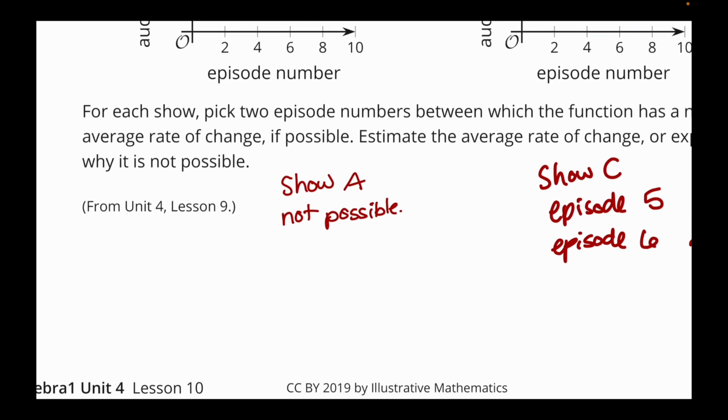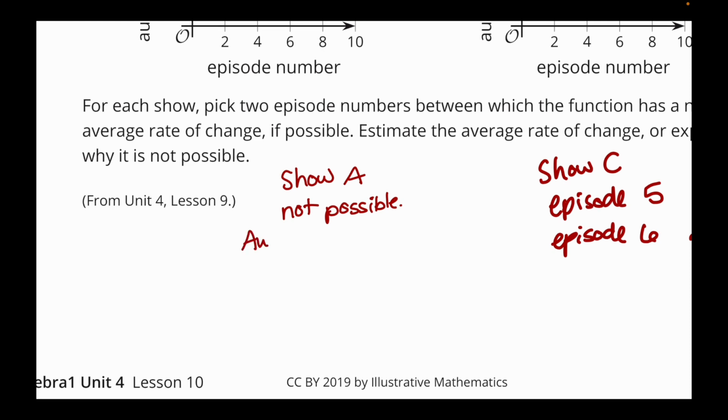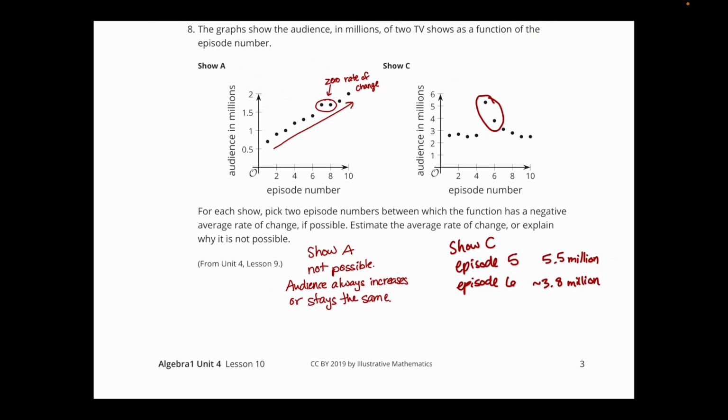And we're going to say audience always increases or stays the same. Okay, so for show A, it's not possible because the audience always increases or stays the same. We literally cannot find a negative average rate of change.